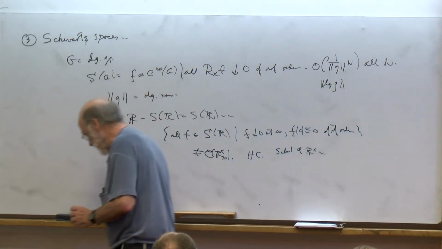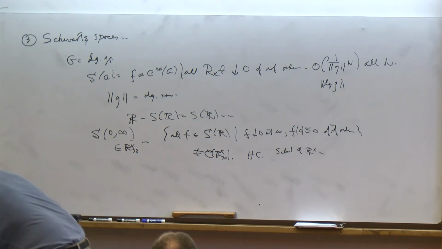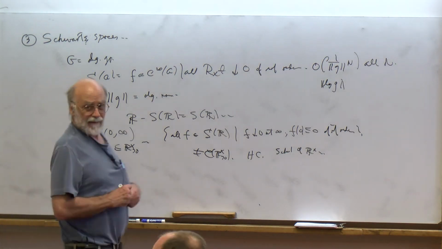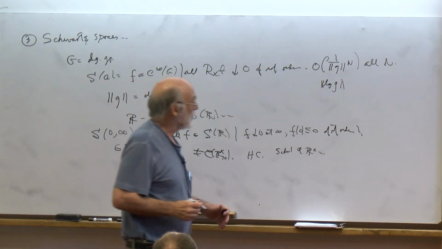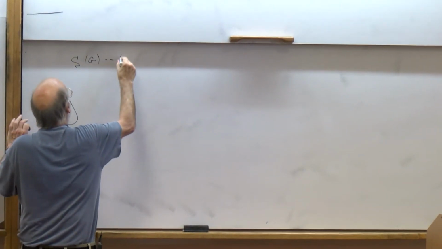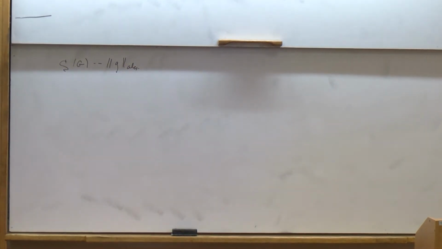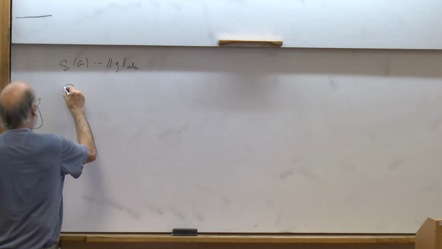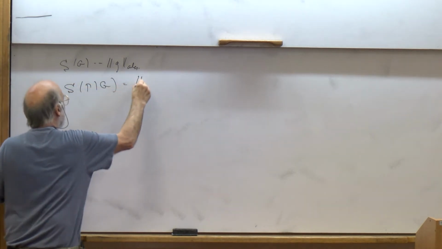Okay, so I take the Schwartz space of G. Of infinite order? Yeah. Taylor series vanishes. So now we know what the Schwartz space of G is. Then we have the norm, which I'll sometimes write as the algebraic norm. And now I want to tell you what the Schwartz space of the quotient is.